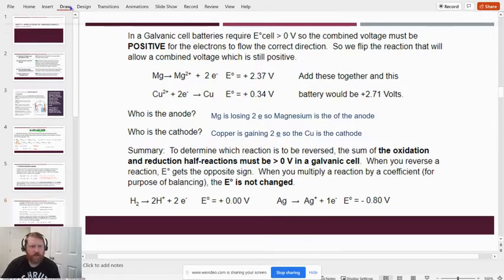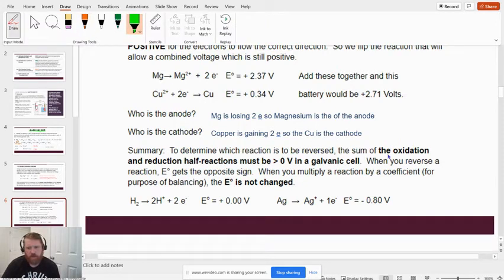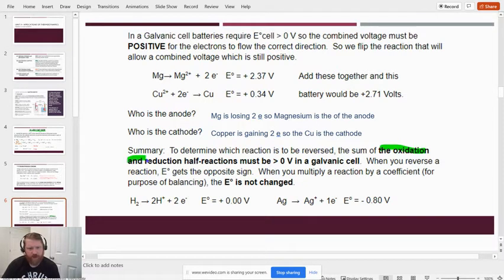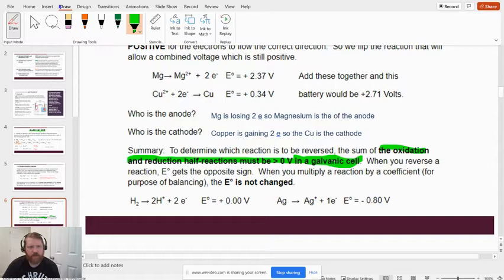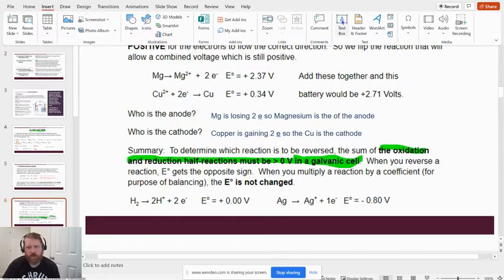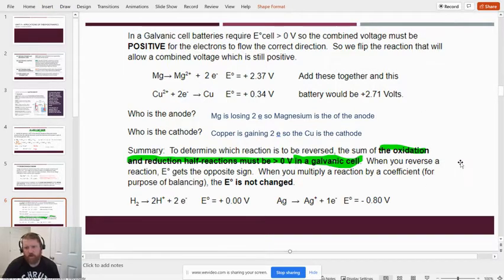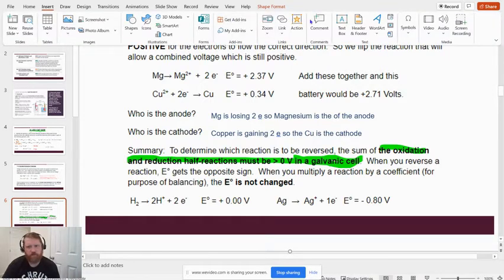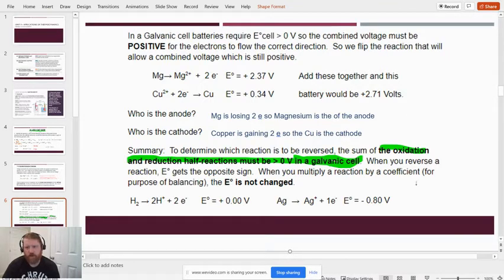The one being that the oxidation and reduction half reactions must have a greater than zero voltage. That's a fancy way of saying that we want positive voltages in galvanic cells.